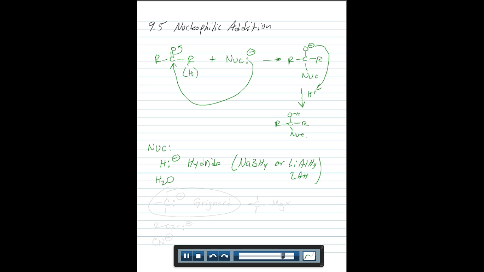Grignards. I'm going to talk a lot about Grignards now. Grignards are carbon negative, and basically have a magnesium as the counter ion. Let me just do a generic one where they have MgX as the counter ion. These form carbon-carbon bonds. These are holy grail reactions.